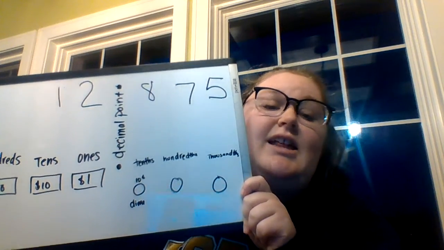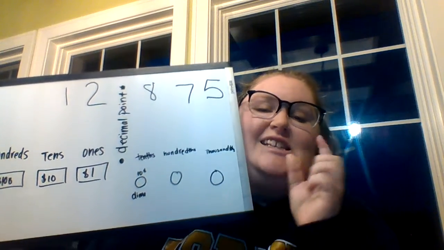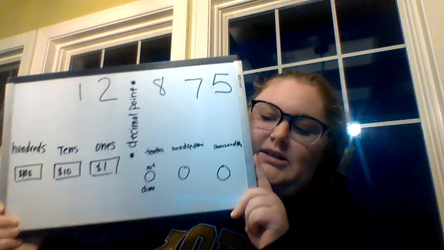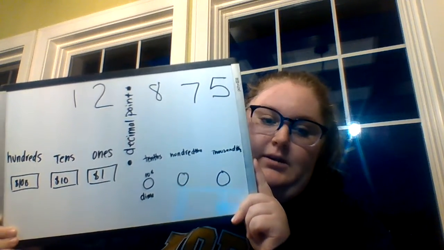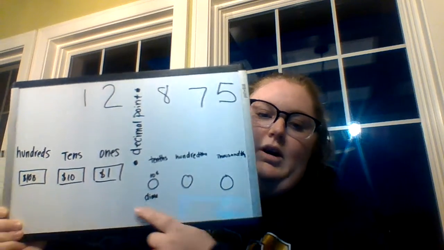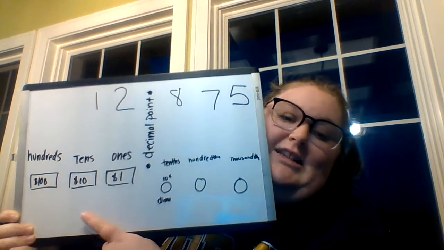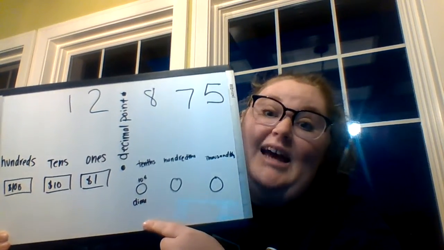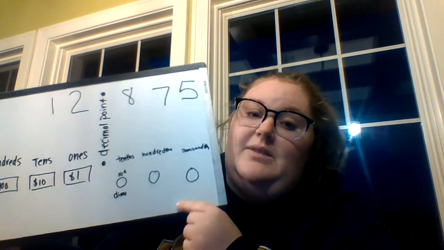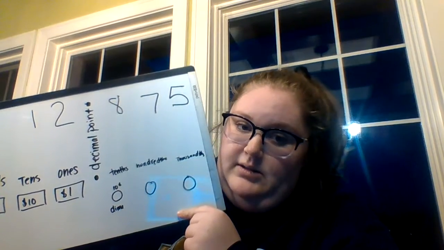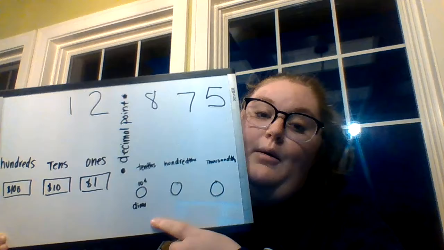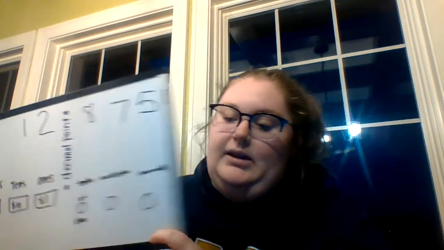The tenths. Listen to that, tenths. So there's that TH at the end. Okay, so let's look. What digit is in the tenths place? So I have my 1 in my tens place, my 2 in my ones, my 8 in my tenths, my 7 in my hundredths, and my 5 in my thousandths. So if we look at it, my 8 is in my tenths place.